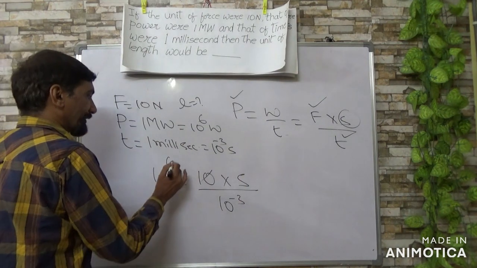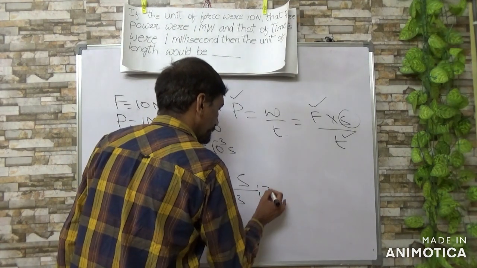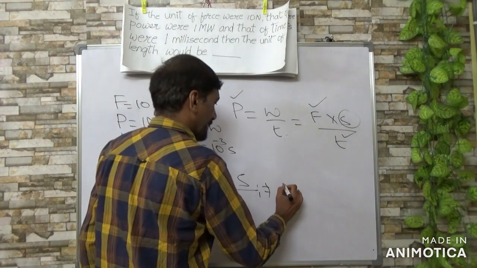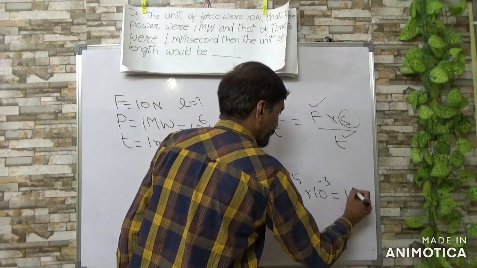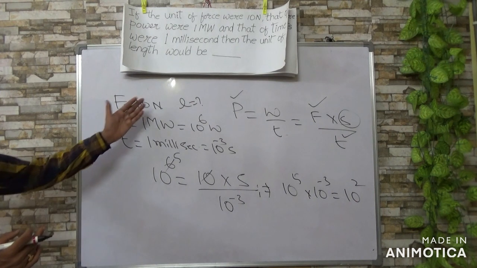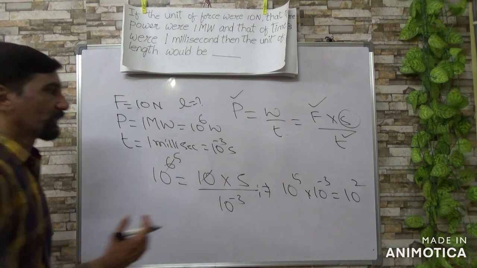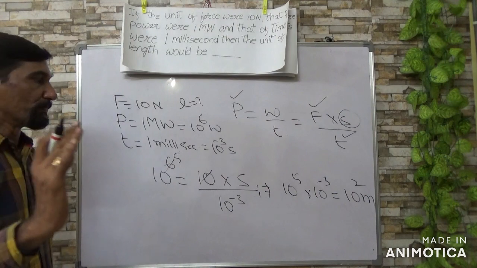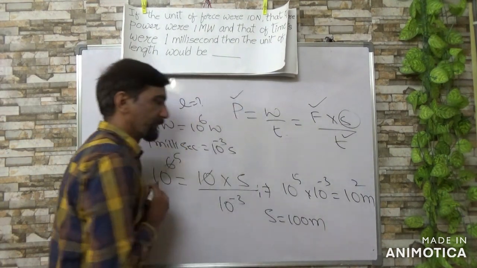The 10 cancels, 5 is left. By cross multiplication, displacement S is 10 power 5 into 10 power minus 3, nothing but 10 square. Now for units: force in Newton, power in watt, time in second are all in the SI system, so the displacement is 100 meter.